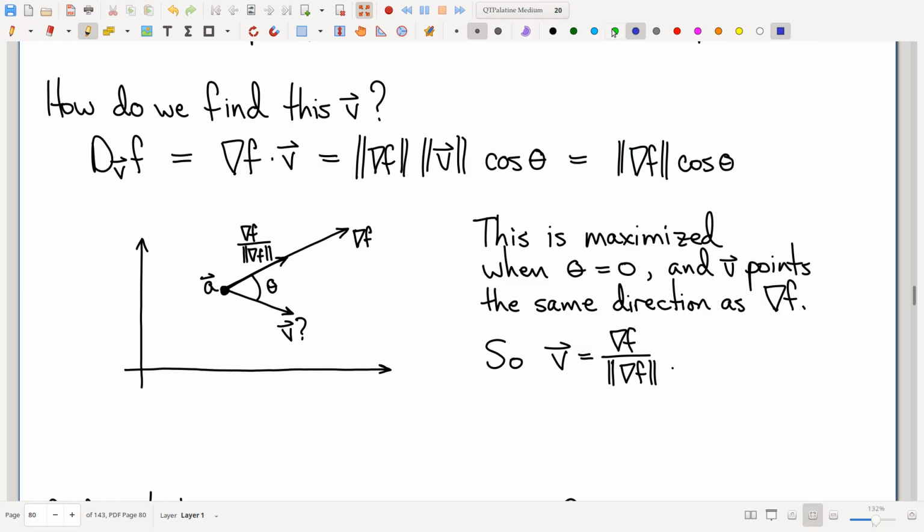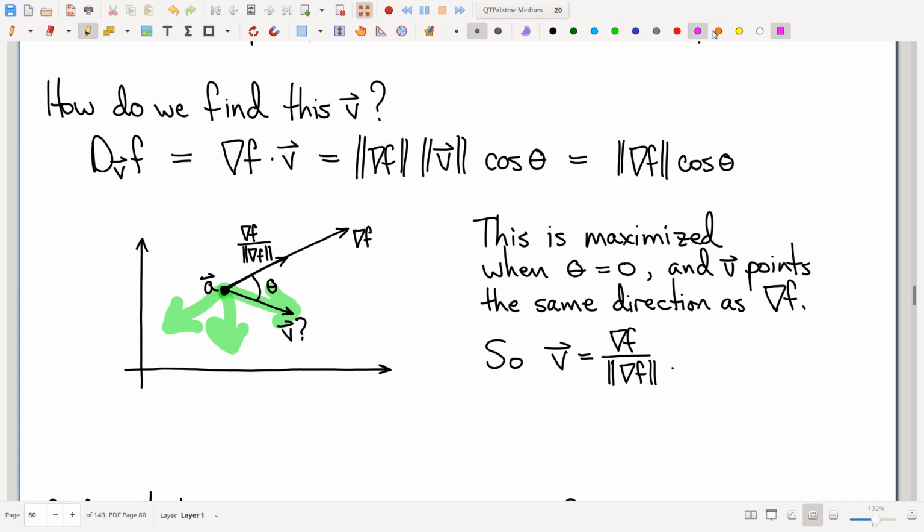Nice, simple little formula. But here's the further simplification. We're considering all different possible directions in which I might move from the point A. But I'm not actually moving yet. I'm still thinking about it. I'm at the point A, and I'm thinking, should I go that way or this way or that way? But I haven't moved yet. So A is fixed.